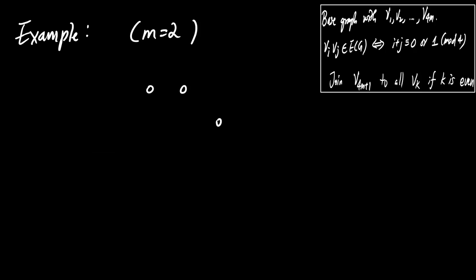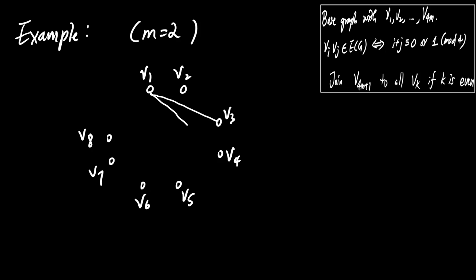Now we try a larger example with m equals 2. We start with 8 vertices, then add the 9th vertex. We apply the same rule. Connect vertex i to vertex j if i plus j is congruent to 0 or 1 modulo 4. Then connect V9 to all even-numbered vertices.